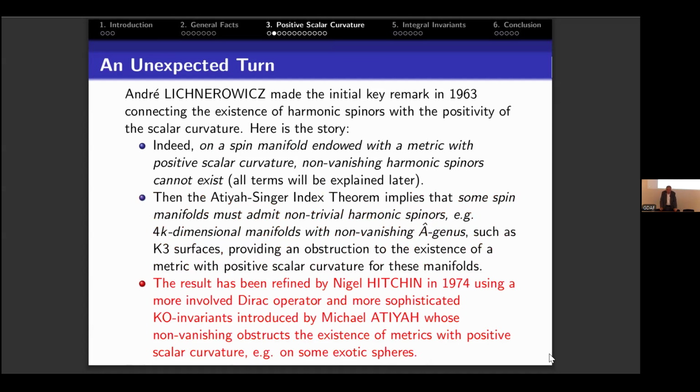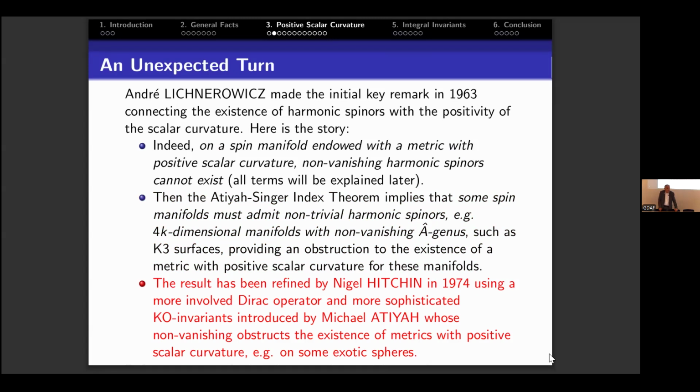And actually, sometime later, more than 10 years later, Hitchin, using a much more involved Dirac operator and more involved invariants than the A-roof genus, also showed that the non-vanishing of these invariants, KO invariants, obstructs the existence of metrics with positive scalar curvature on some exotic spheres.